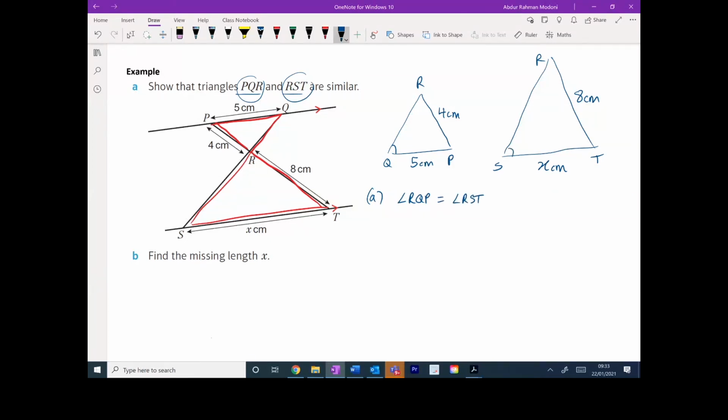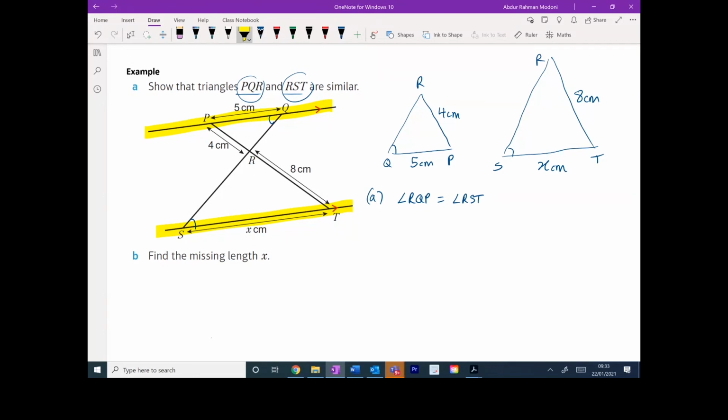Now what would be the reason? Well, let's go and take a look at that in the actual main diagram. And in the main diagram, let's identify where RQP is. It's there. And we're saying that angle is exactly equal to angle RST, which is here. Why would they be equal? Well, as you can see here, the line here and the line here are both parallel lines, as indicated by those red arrows that we have on the lines.